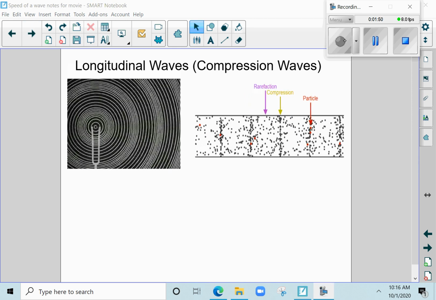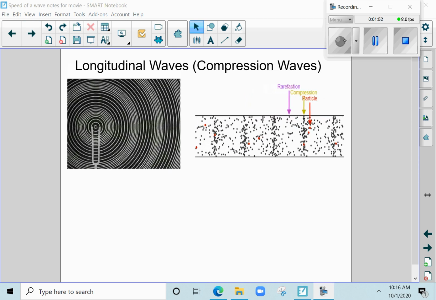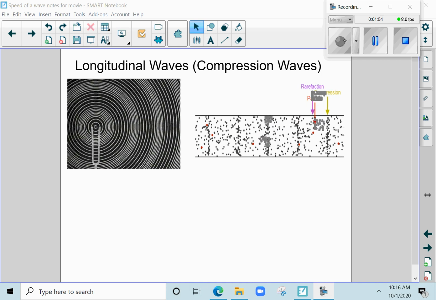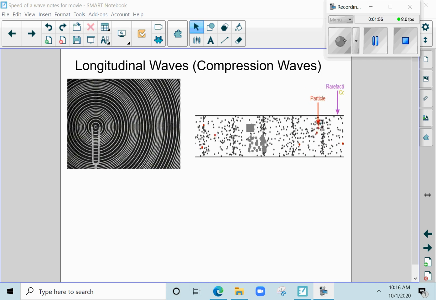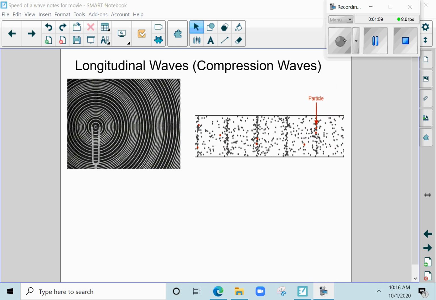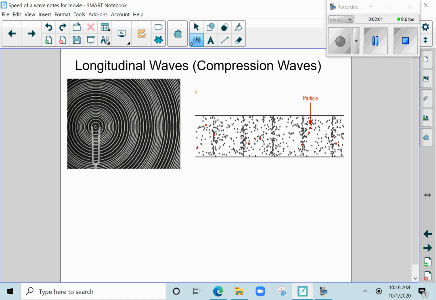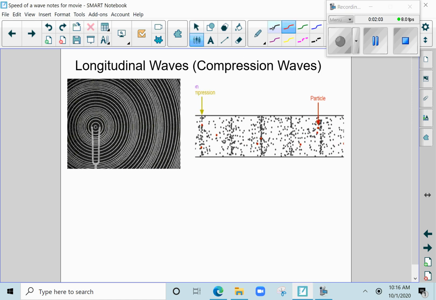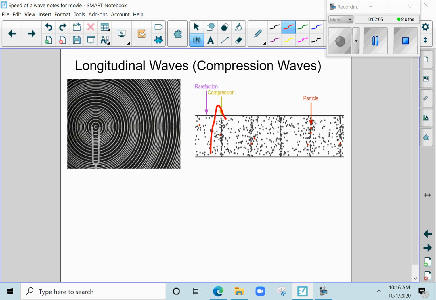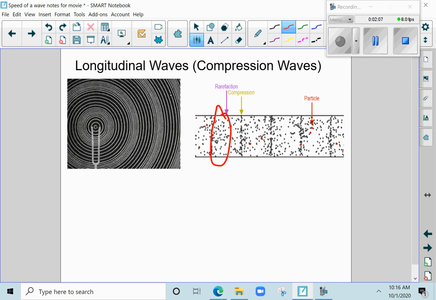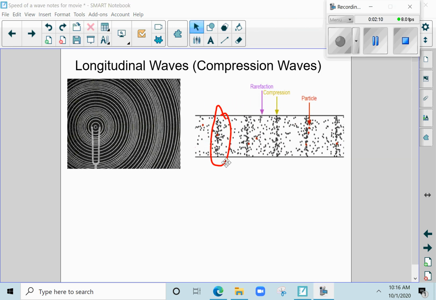So here we have a longitudinal wave, also known as a compression wave, and we've seen this before, where our particles move forward and backward in the direction of the line of motion of the wave. The materials actually compress into tight regions that we can track.